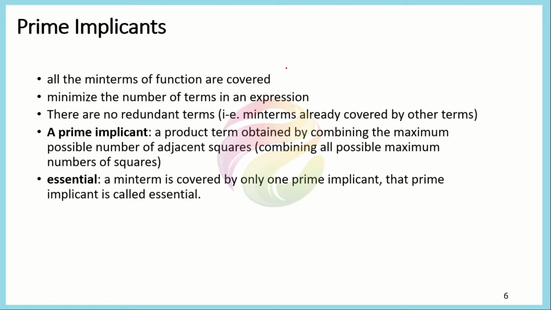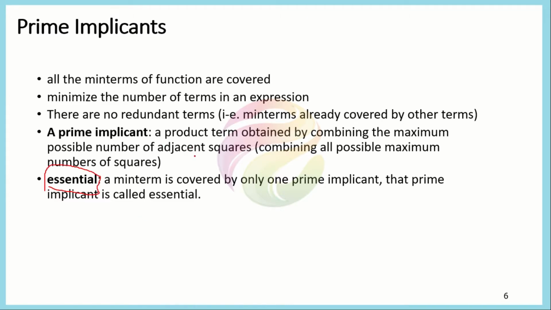A prime implicant is a product term obtained by combining the maximum possible number of adjacent squares in a map. If a minterm in a square is covered by only one prime implicant, then that prime implicant is known as the essential prime implicant.